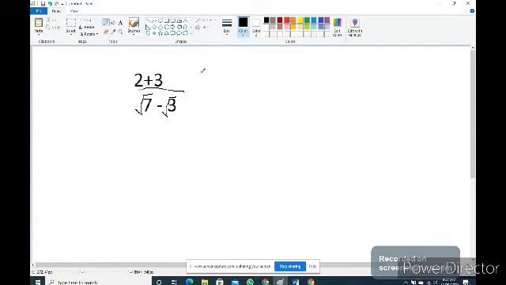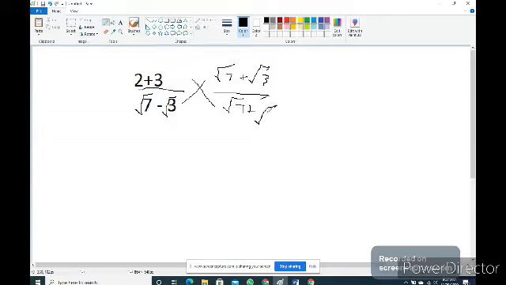So what do we need to find? We need to find the conjugate of root 7 minus root 3, which is root 7 plus root 3.